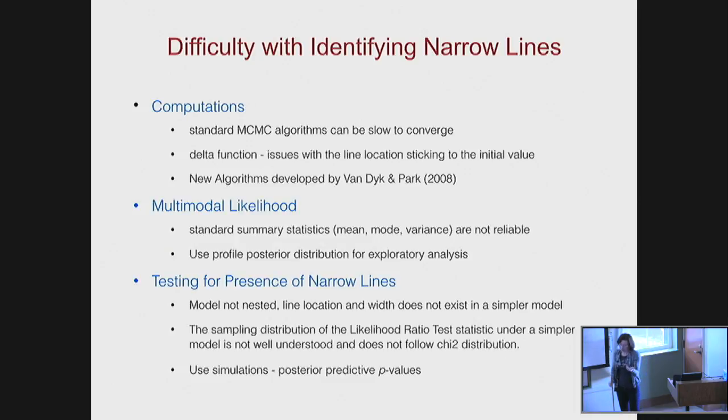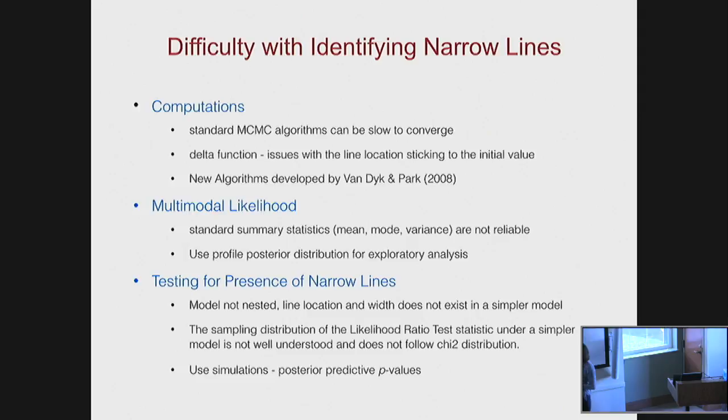So you have a line and you have a continuum, and the line intensity is always positive, even if you say it can be positive or negative. If there is no line, there is no location of the line or width of the line. So in the case of the continuum and line model, the line is really at the edge, or it's sort of separated from your model. So the location and the width do not exist in a simple model. They are not nested.